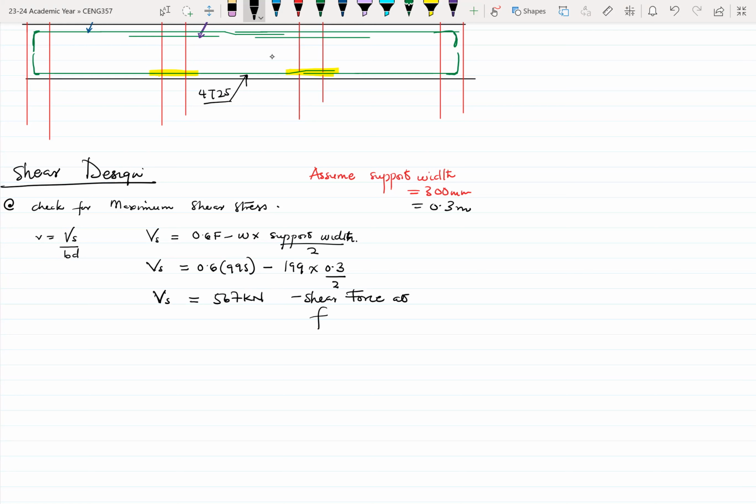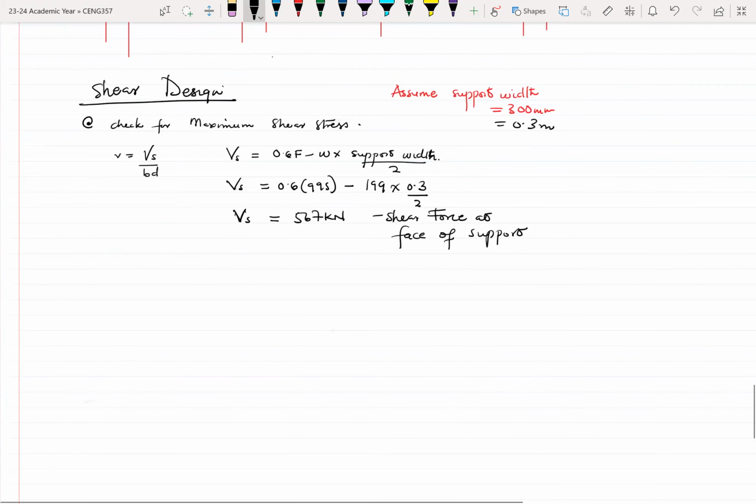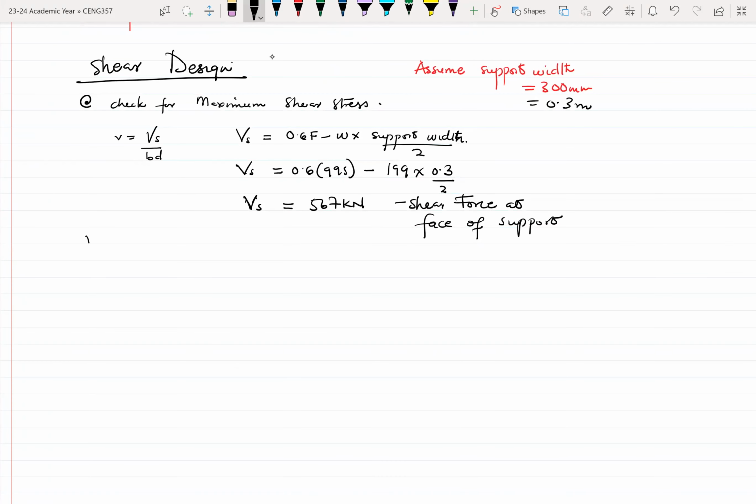All right, so this is shear force at face of support, okay, which is typically the column. All right, so our maximum shear stress V will be equal to 567. Let's convert that into newtons. And our B is 300, so that's the width of the beam.